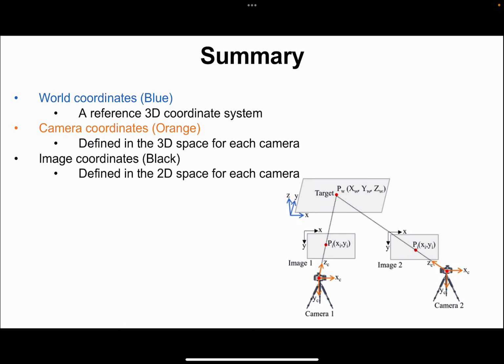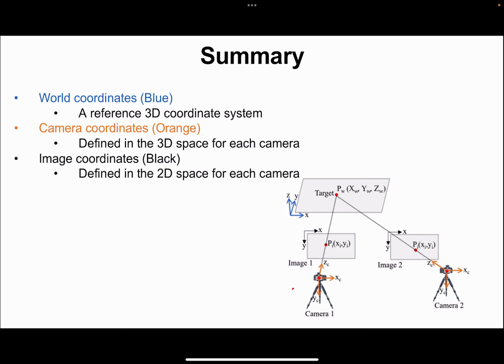And the camera coordinate system, as you can see, the orange one. There can be some object in the world coordinate system, then you might want to take a picture of this object from different cameras or some moving cameras. So there can be various combinations of rotation and translation of cameras when capturing images of an object. So here is the camera coordinate system.